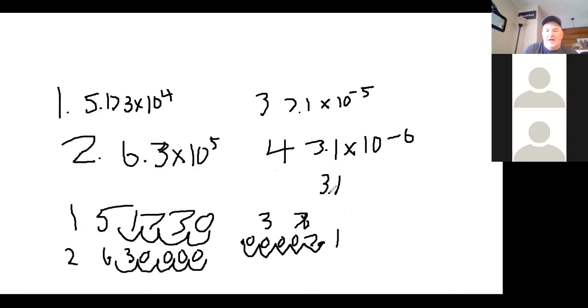So we move it over to the left. 1, 2, 3, 4, 5, 6. Put the decimal there. That's all you do. Okay.